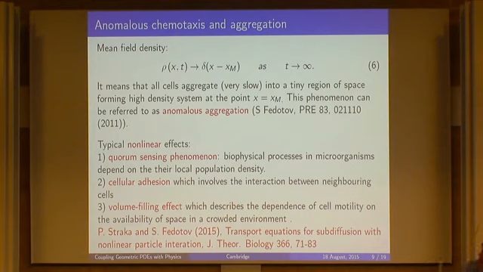So that's the quorum sensing phenomenon, very famous in biology, when the motility of particular cells depends on the local density at a particular point. Of course, cellular adhesion or the very famous volume filling effect, because the dependence of cell motility is on the availability of space in a crowded environment. So if we have a point at which we have strong anomalous trapping, because of the volume filling effect, there is no space to attract particles.